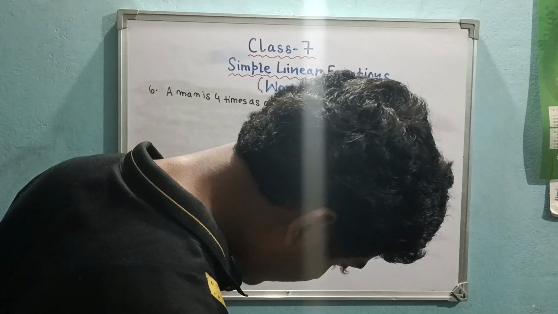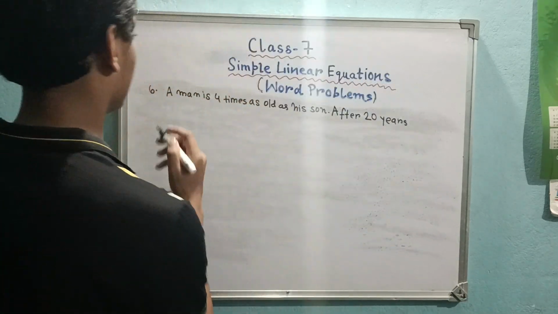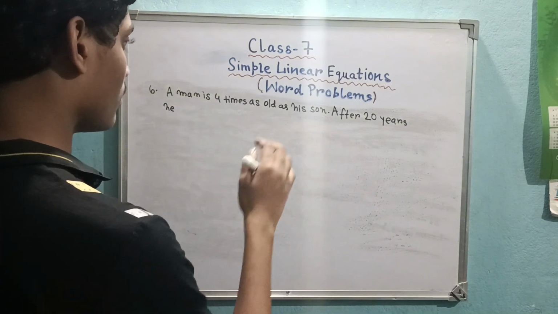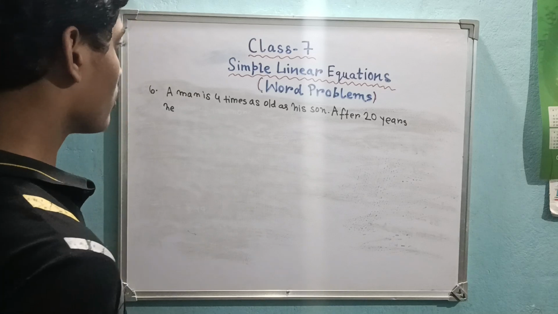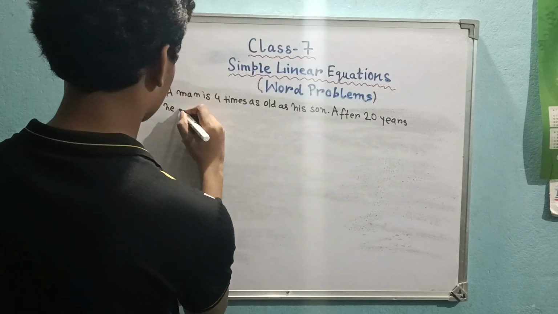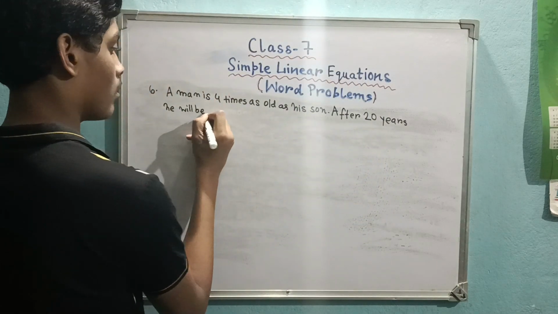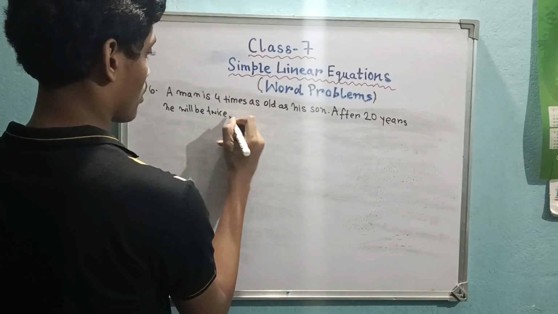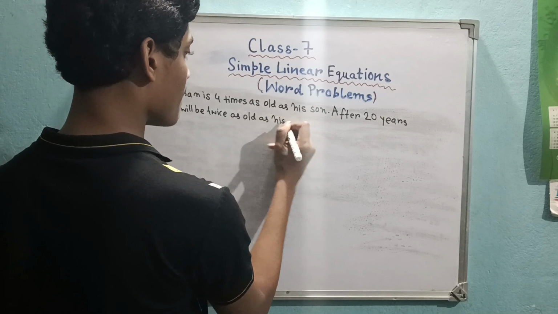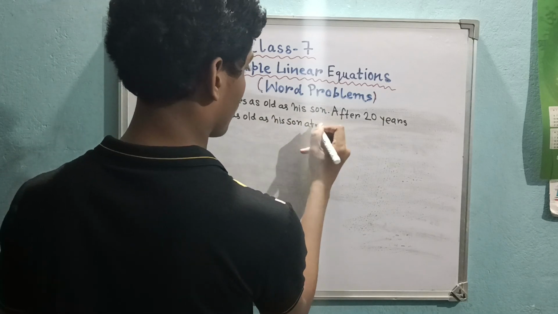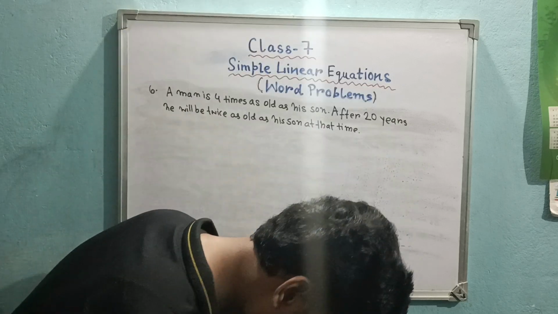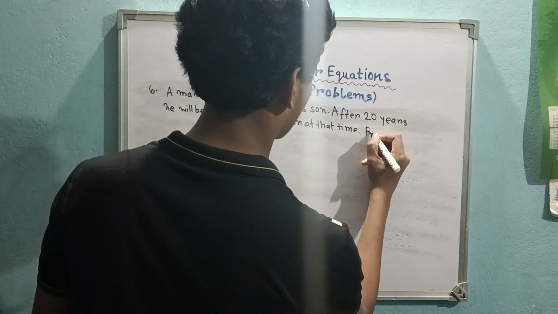He will be twice as old as his son at that time. Means after 20 years, the man will be twice the age of his son at that time. Find the present ages.